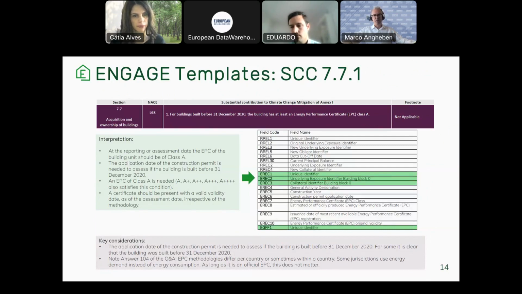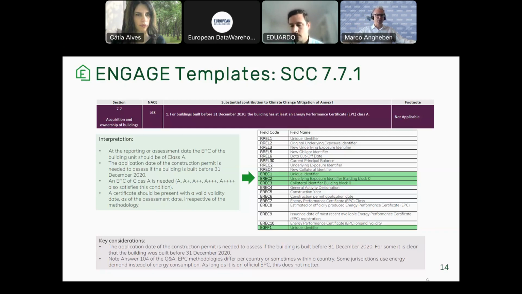And the first part is the one which is related to the energy performance certificate, where this EPC is at least of a Class A. And you can see here that we have built in the green new fields some of the new fields that are going to help the connection between the collateral and the specific mortgage loan that has been created, in terms of making the connection with the ESMA templates together with the additional Engage section.